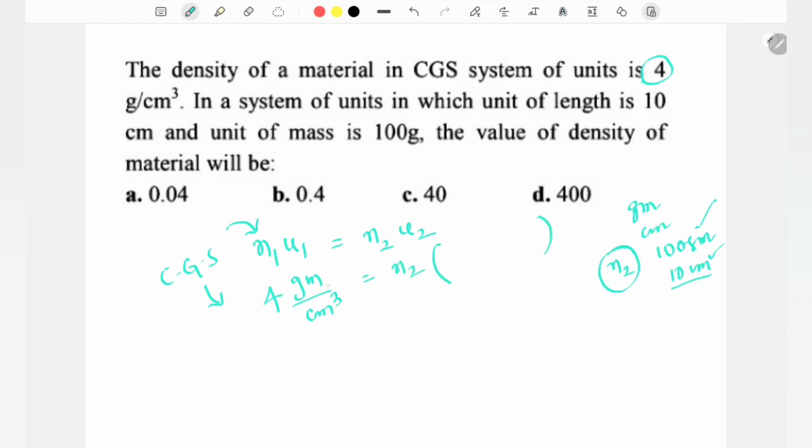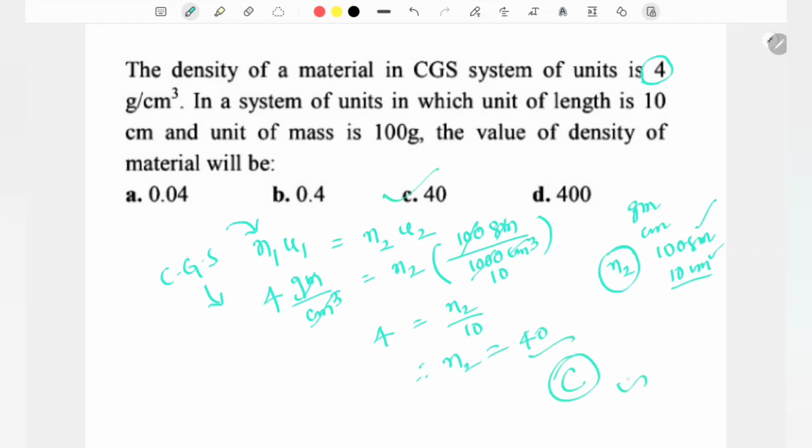In the new system gram is 100 grams and centimeter is 10 centimeter. For centimeter cube we get 1000 centimeter cube. By cancelling we get 10 here, so 4 is equal to n2 by 10, therefore n2 is equal to 40 is the correct option. Option C is the correct one.